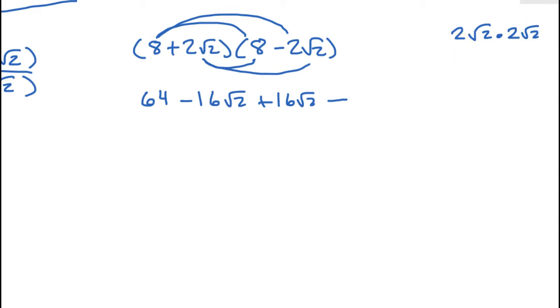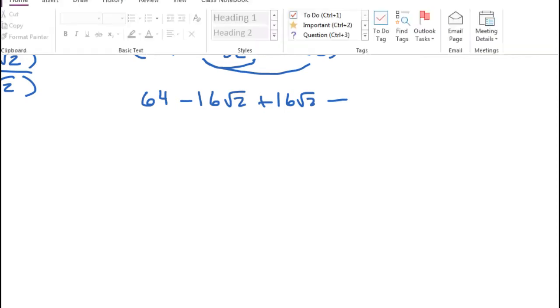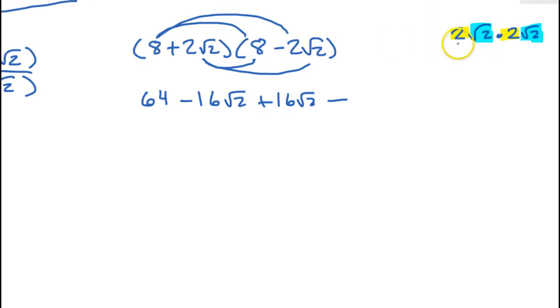Well, let's just do the like parts together. So I've got 2 times 2, and I've also got radical 2 times radical 2. So if I do 2 times 2, that's going to give me 4. Now, radical 2 times radical 2 is just 2, like we talked about earlier.